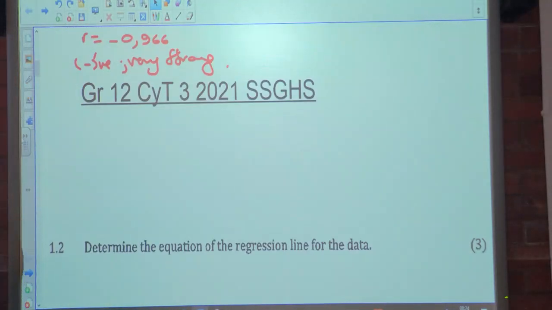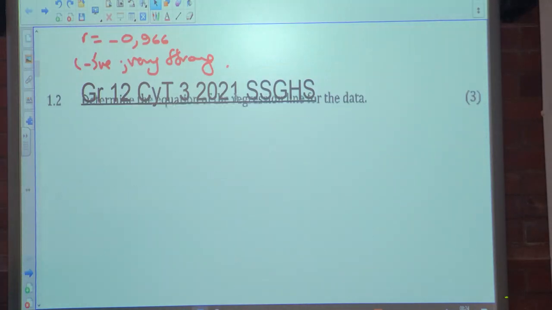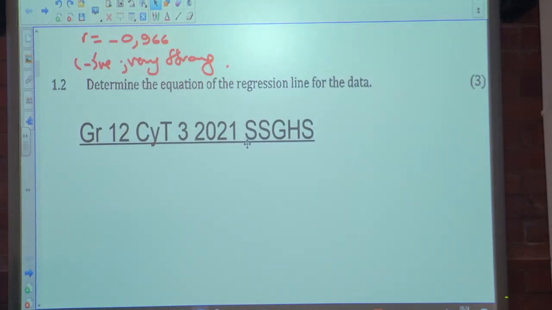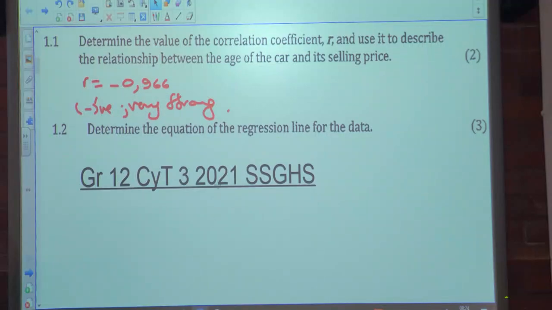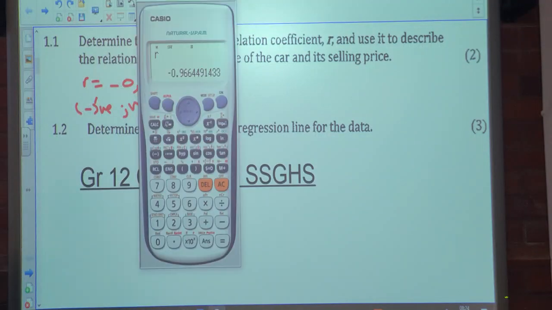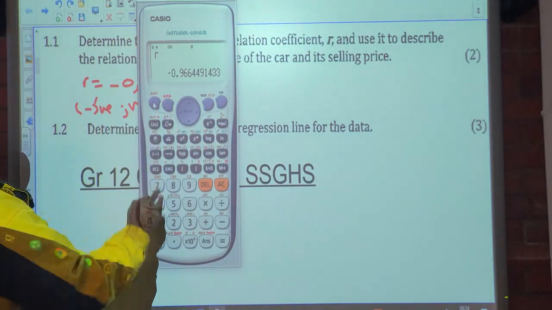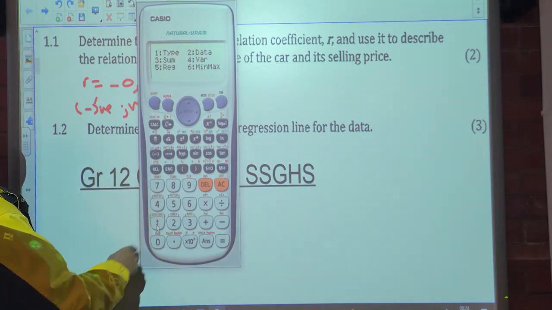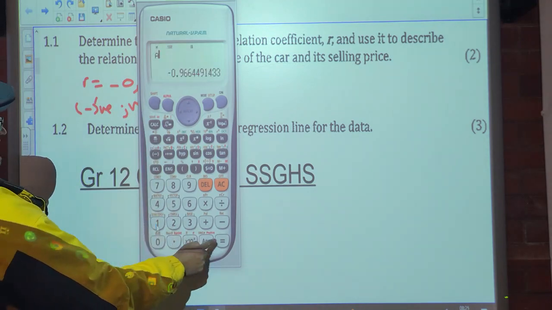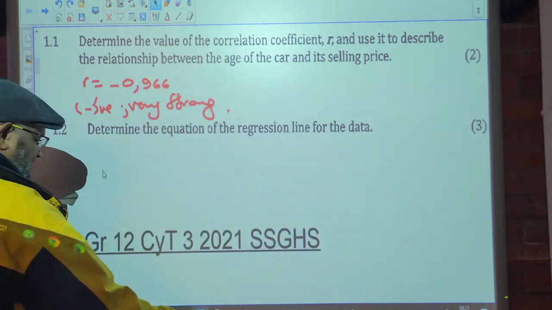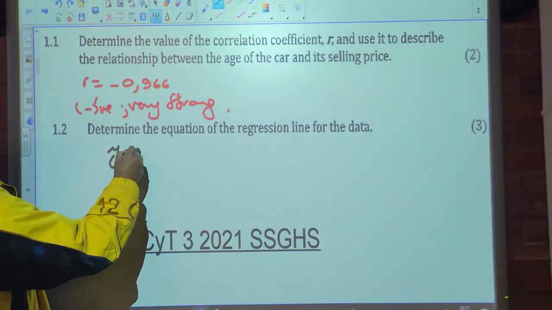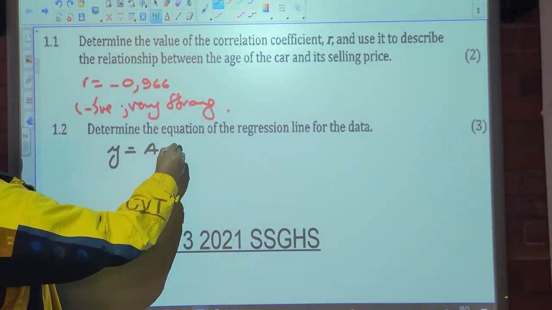Then the question says, determine the equation of the regression line, for 3 marks. So we are really into the calculator. You press shift, number 1, 5 for regression, 1 for A. Remember the formula is y equals A plus BX.